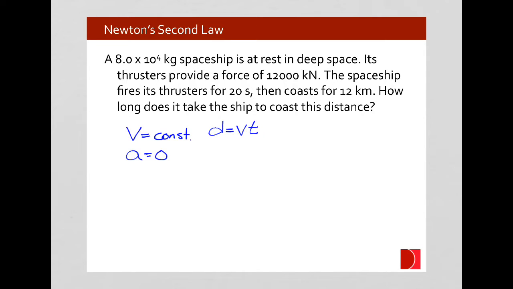Basically, d equals rt. Distance is rate times time. We know how far it's going. We want to find how long it takes to cover that distance, so we need to have the velocity that it has while it's coasting that distance.